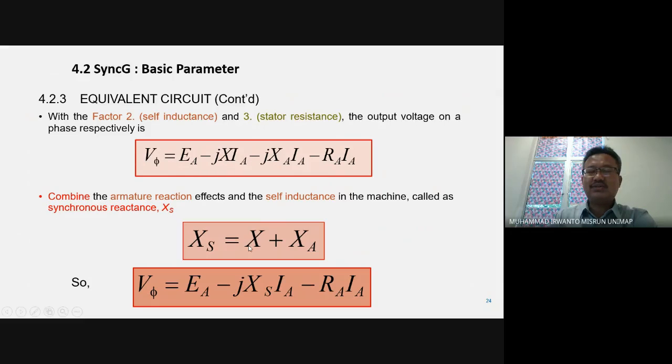So XS is equal to X plus XA. This formulation can be written as V phi equals EA minus JXS multiplied by IA minus RA multiplied by IA. Or you can write the phase voltage V phi equals EA minus IA multiplied by JXS minus RA.